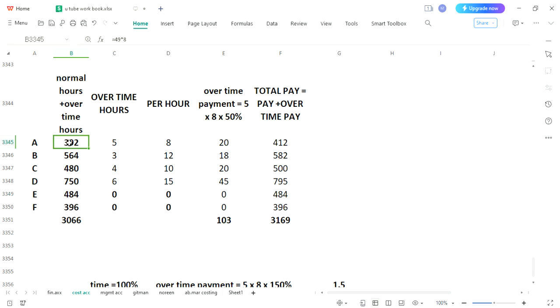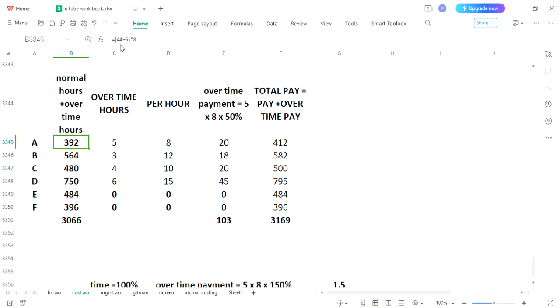Look at over here, 49 hours. How you have got your 49 hours over here, I will let you know. You have 44 normal hours, and then you added 5 overtime hours. This way you have calculated your normal payment 392.